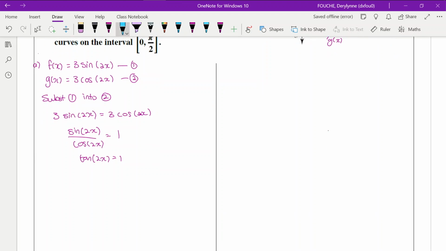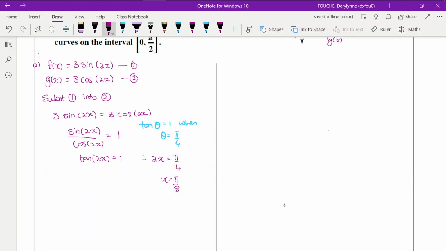And then we need to go back and think about, well, tan of theta is equal to 1 when theta is pi on 4. Okay, so therefore, let's go back to the pink. So therefore, my 2x has to equal pi on 4, and x is going to be pi on 8.